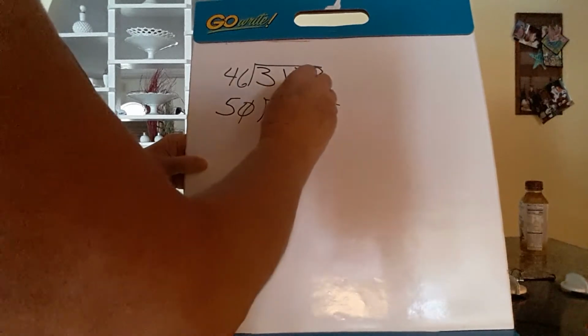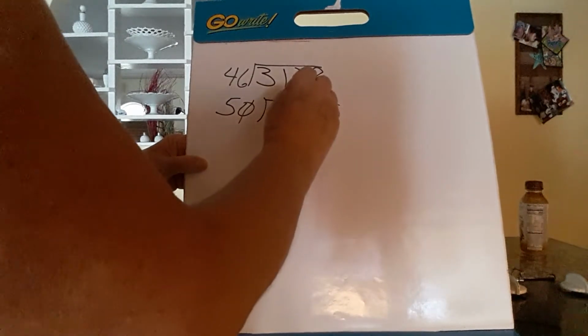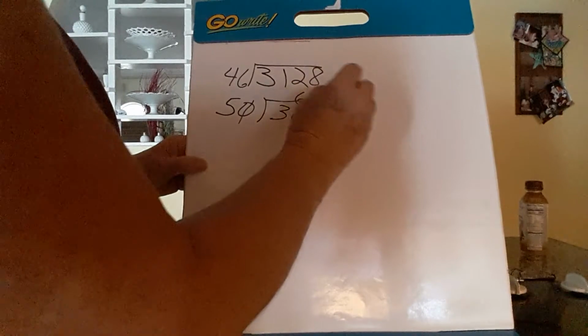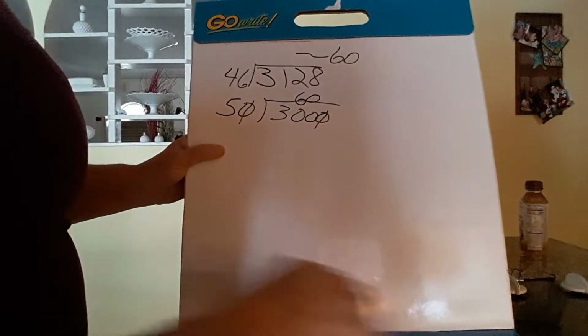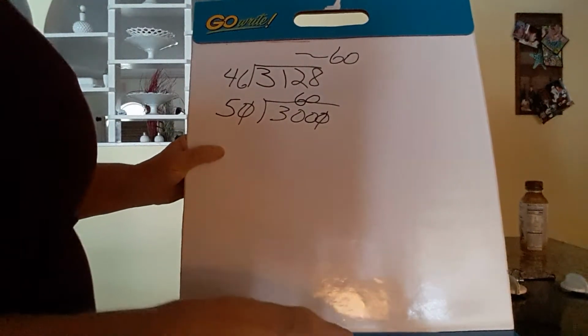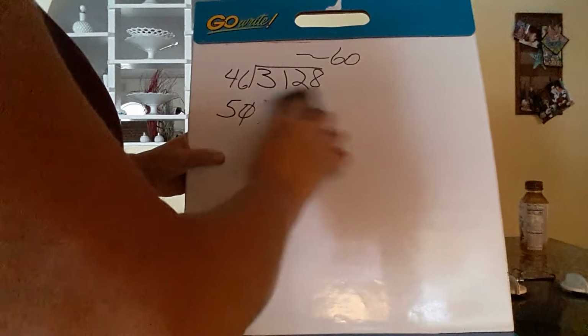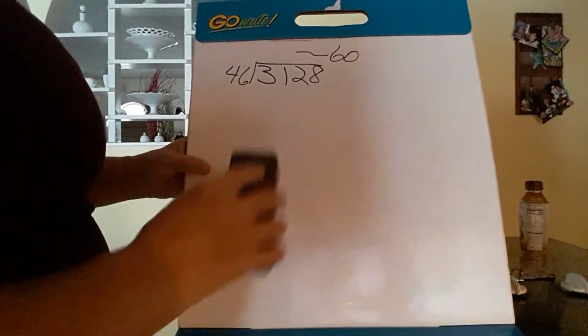It goes in 6 times. 6 5s are 30. So our answer should be about 60. All right, we can put this up here, about 60. So we're going to be looking in that. So if you get 200 as your answer, you know you're way out of the ballpark.